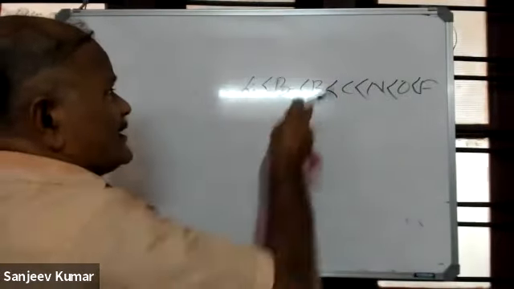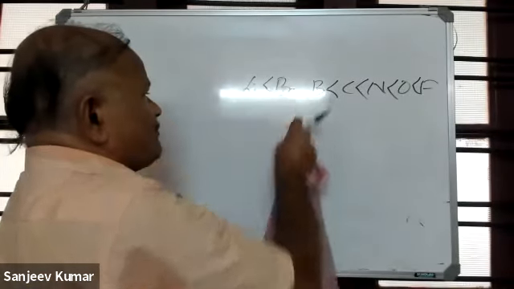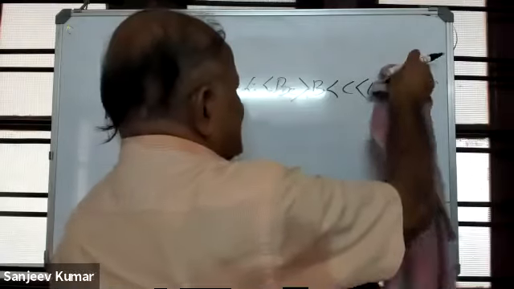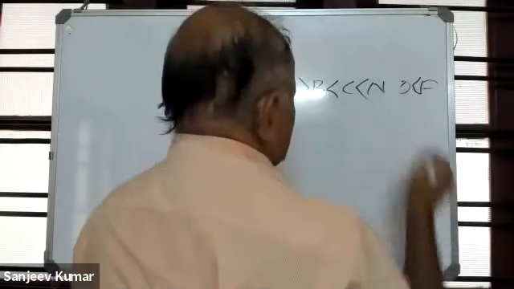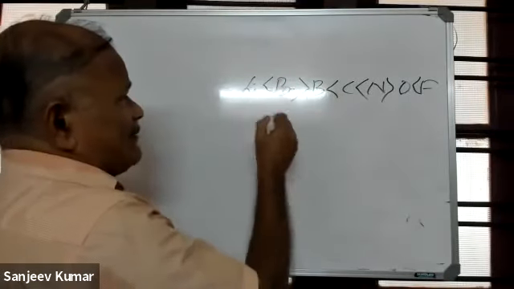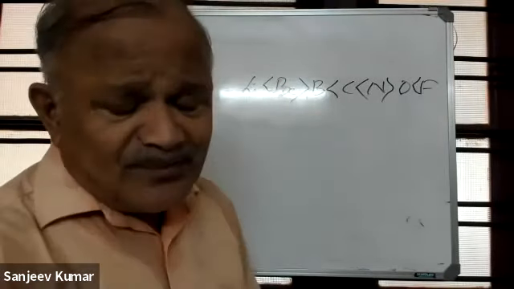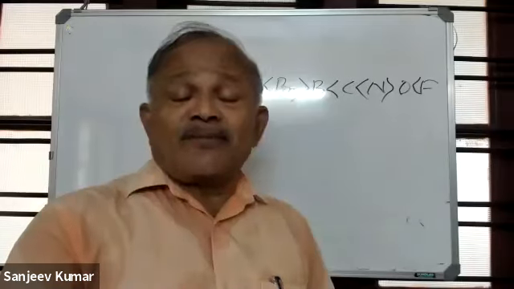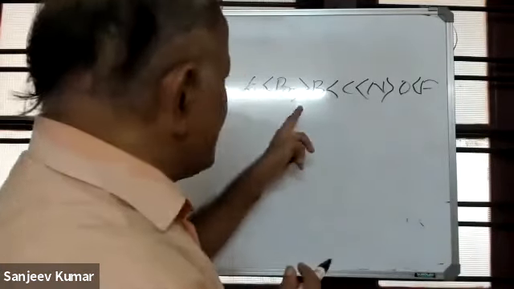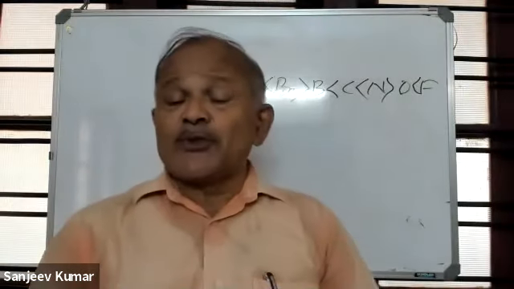But remember, the ionization enthalpy of beryllium is higher than that of boron, and nitrogen is higher than that of oxygen. This is because in the case of beryllium, it is 1s2, 2s2. The electron is to be removed from the fully filled 2s2 orbital. But in the case of boron, it is 2s2, 2p1.